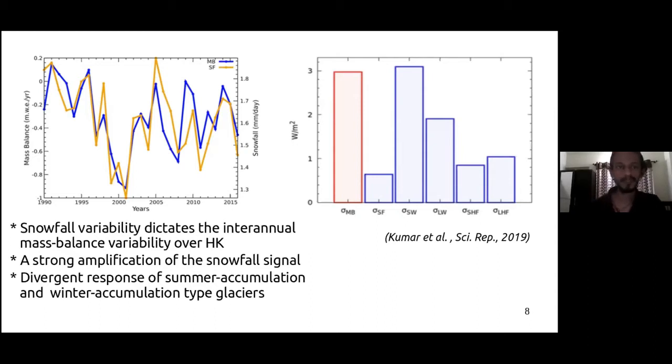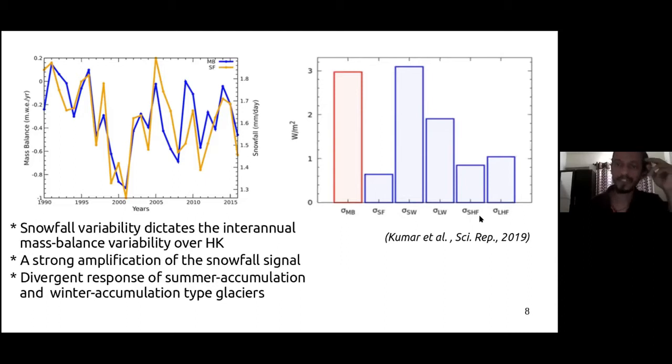What we did was look at the sensitivity of the glacier mass balance to various forcing parameters. For example, glacier mass balance would depend on the accumulation, which is snowfall, and then the energy balance terms, which are the short wave and long wave radiation, and the latent heat flux and the sensible heat flux, so the turbulent heat fluxes.